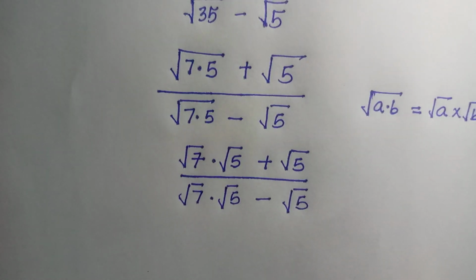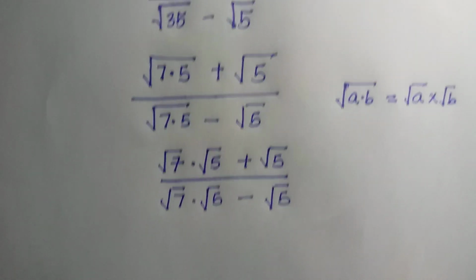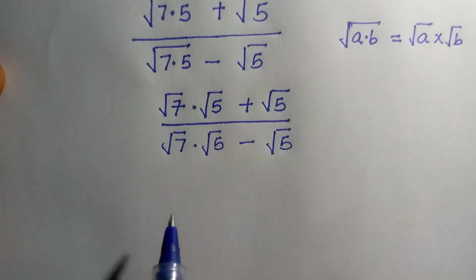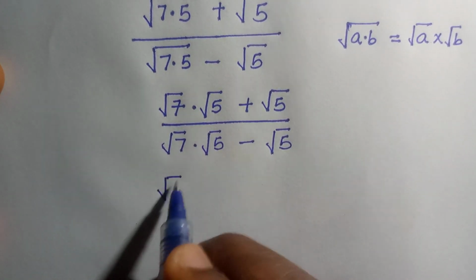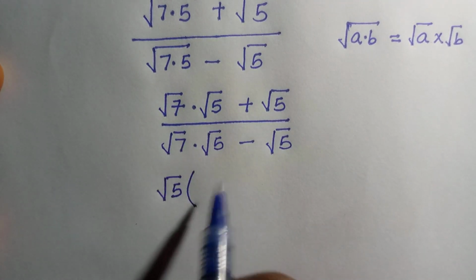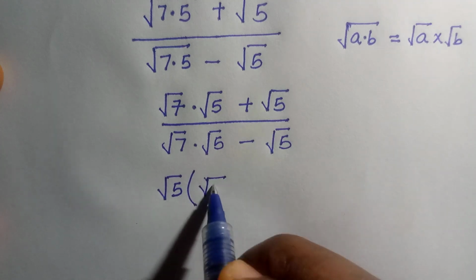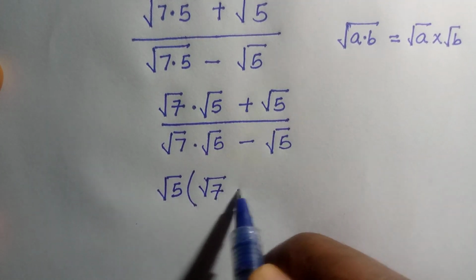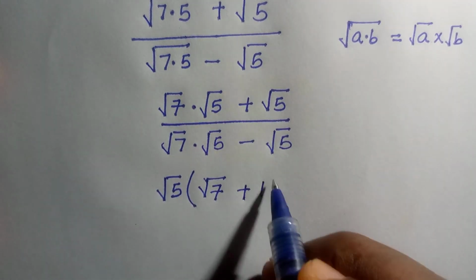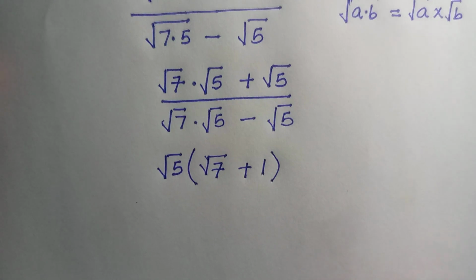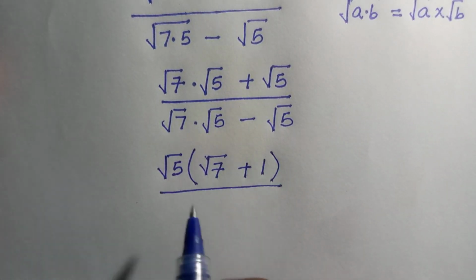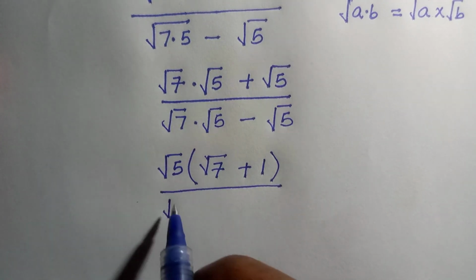And if this is what we have at this stage, at the numerator we have root 5 that is common. By factoring it out, when we divide this one by root 5, we are left with root 7 plus, when we divide this one by root 5, we are left with 1, all in parentheses, everything divided by, so we apply the same process at the denominator.